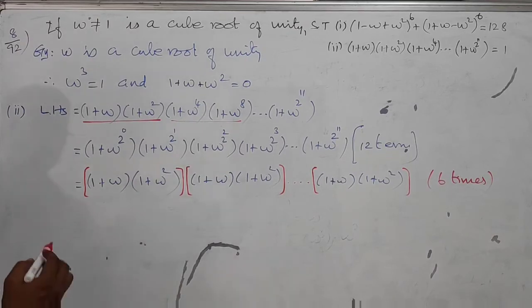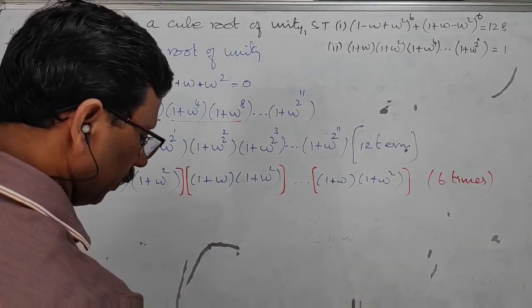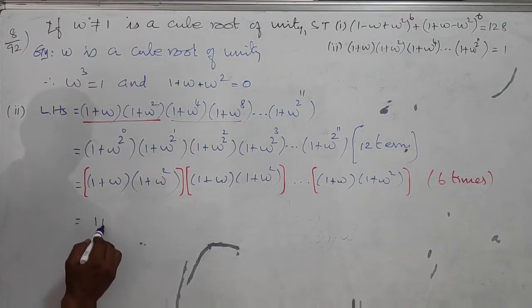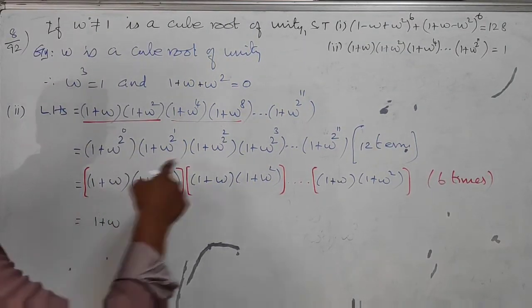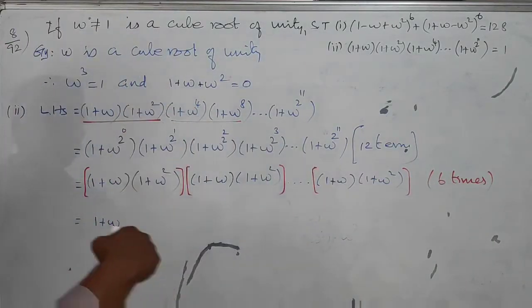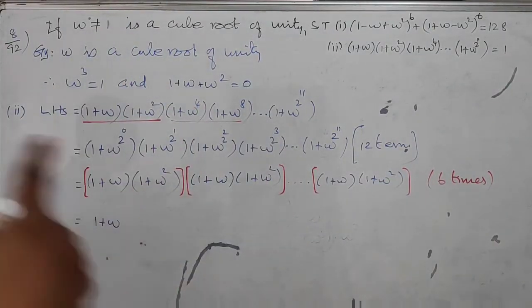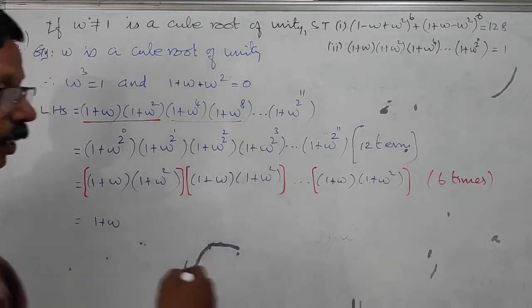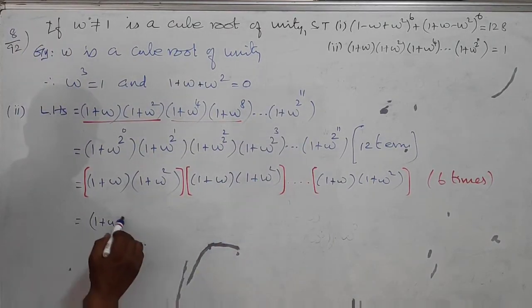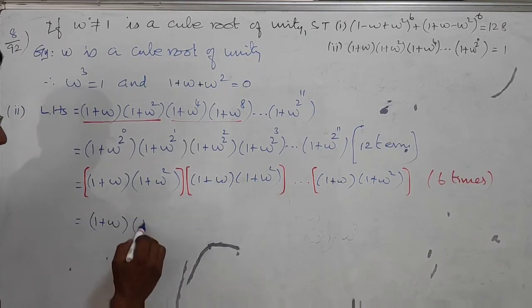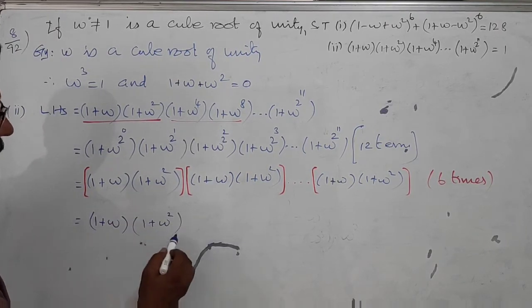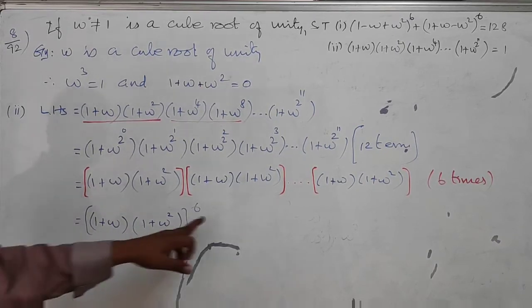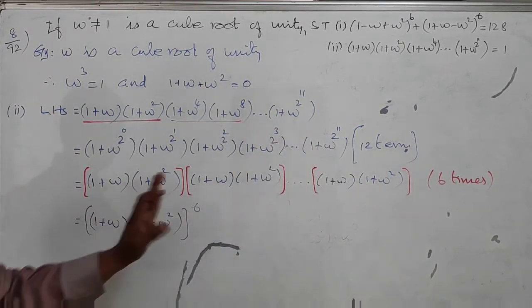Now, if you want to write it, (1 plus omega) 6 times means (1 plus omega) whole power 6. Then into this also 6 times, we can write (1 plus omega square) whole power 6, because this is repeated 6 times. Therefore you can write it like this.